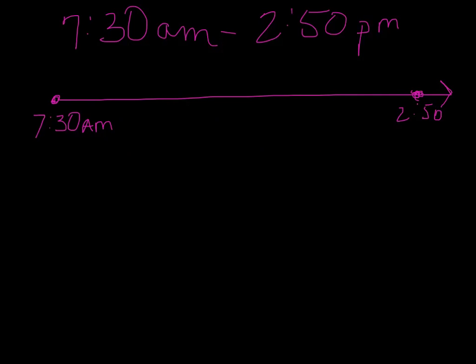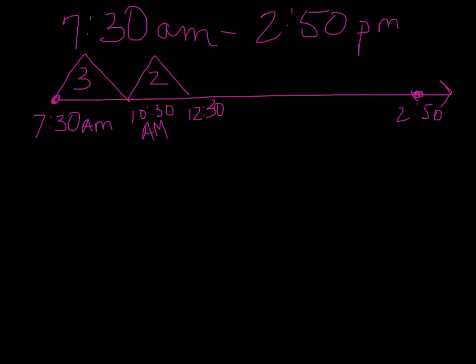So I'm going to go ahead and jump 3 hours. I know I can do that pretty easily. And that's going to be 10:30 a.m. And then I'm going to jump another 2 hours. And that's going to put me at 12:30, but I know when I jump over that 12, something happens.